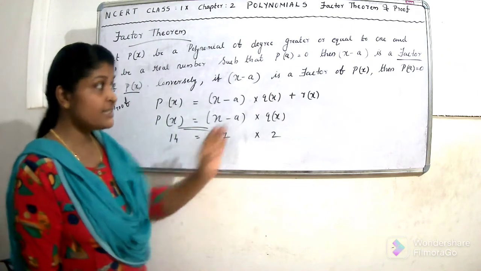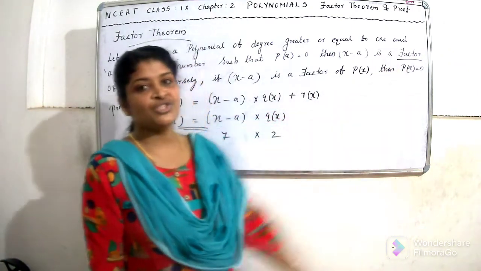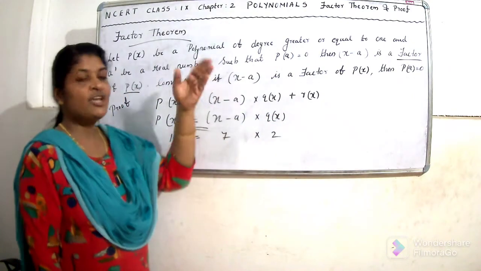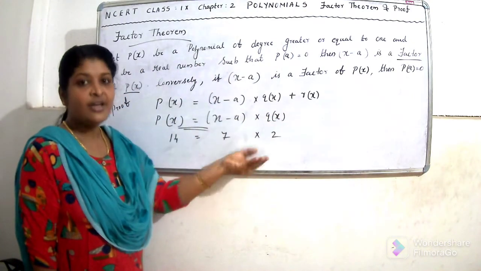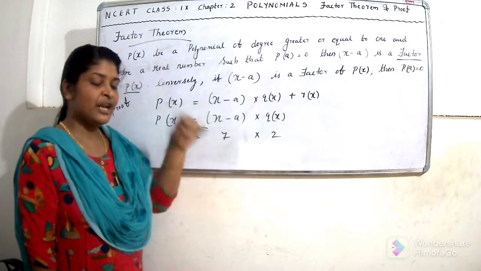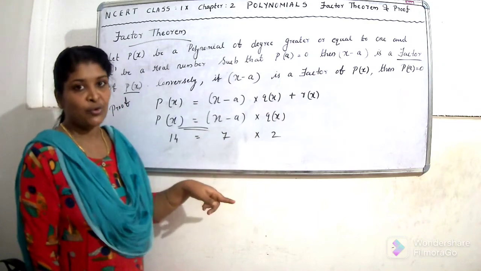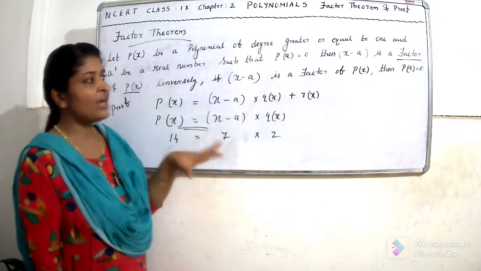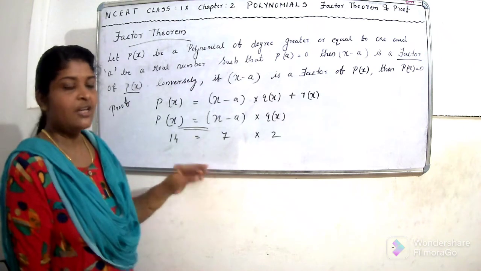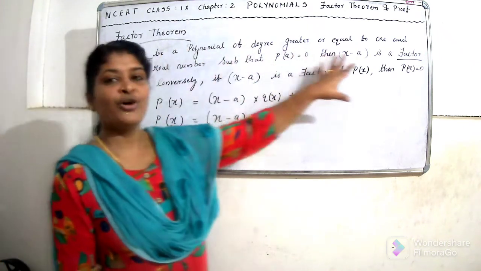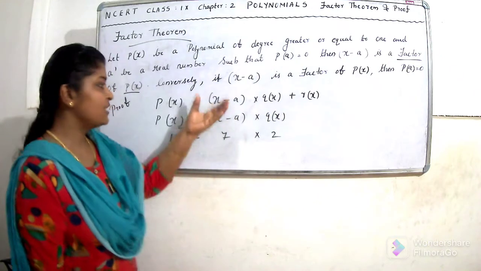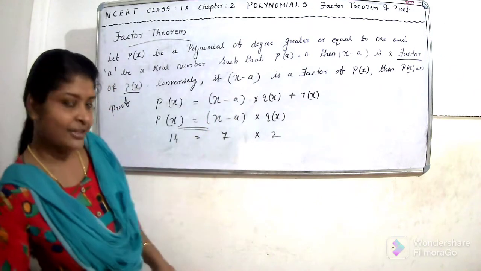In that case, P of a equals 0. I already did questions related to digits and polynomials, so in that method we are applying this. So this is the statement for the factor theorem, and this is the proof.